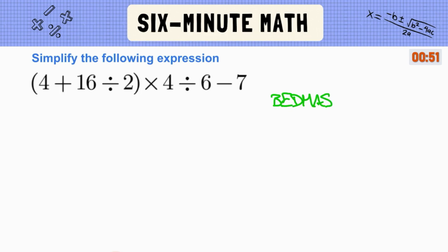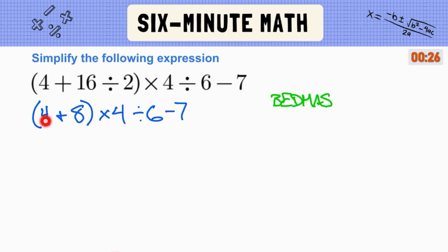That means I'm going to do this division before I add. So I'm going to carry everything down in my next line. I have 4 plus, and I'm going to do that division. 16 divided by 2 is 8 times 4 divided by 6 minus 7.